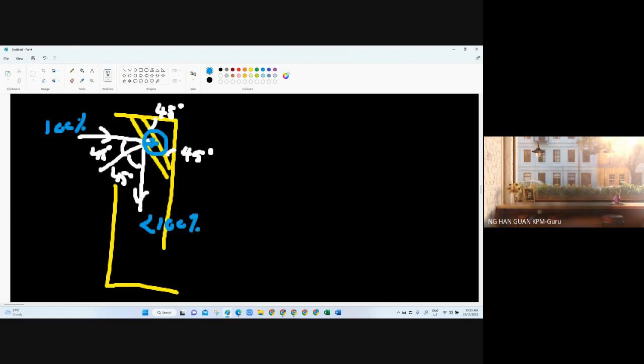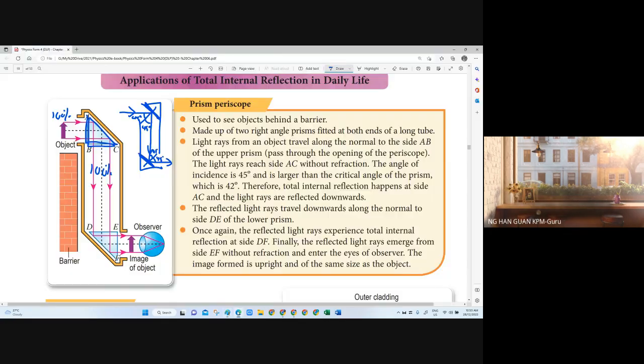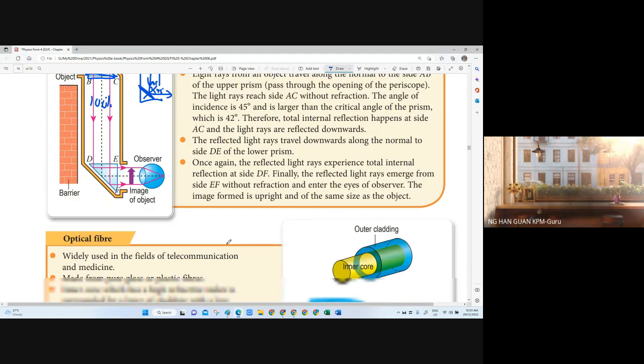So this is why, when you compare with the prism, the prism produces a clearer image compared to using the mirror, right? Because the mirror has a decrease in the intensity of light after it is deflected, due to part of the light actually entering the glass that makes the mirror.